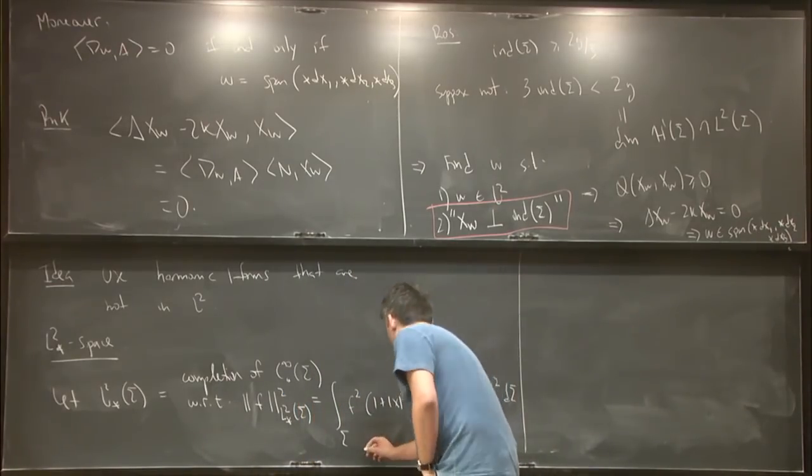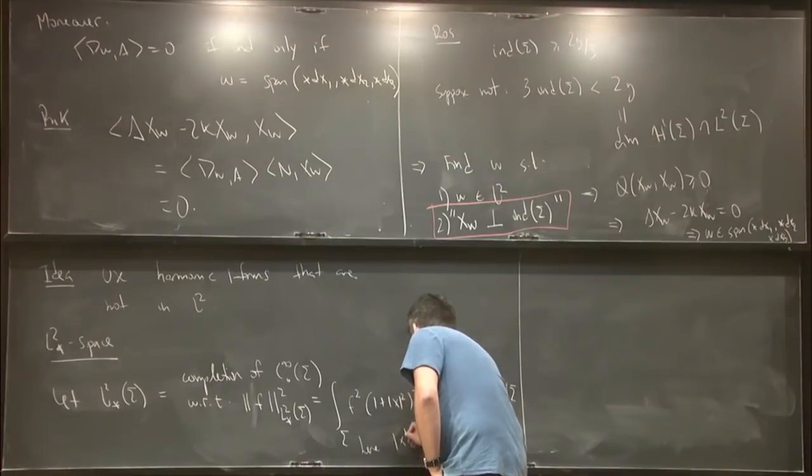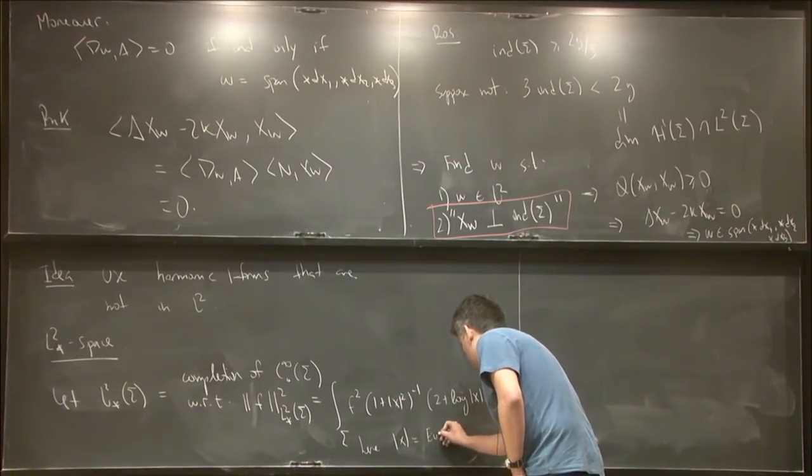Here this absolute value of x is just the Euclidean norm.